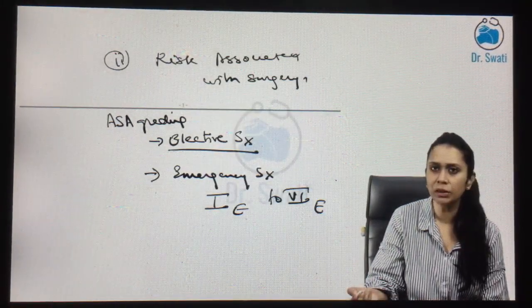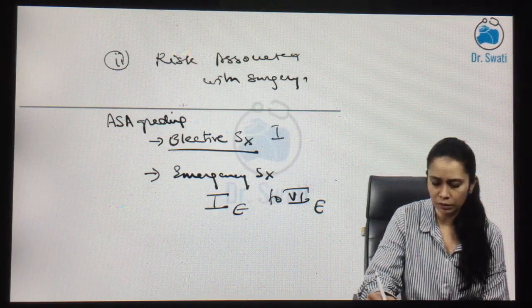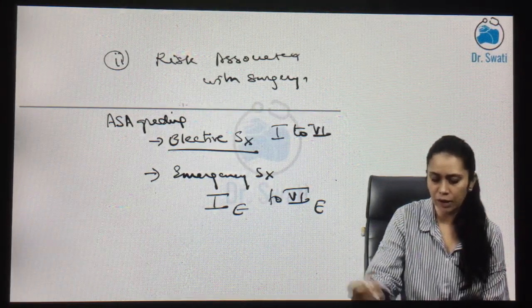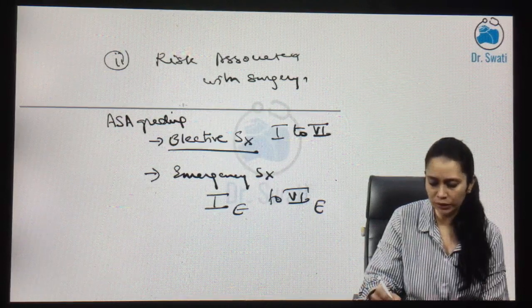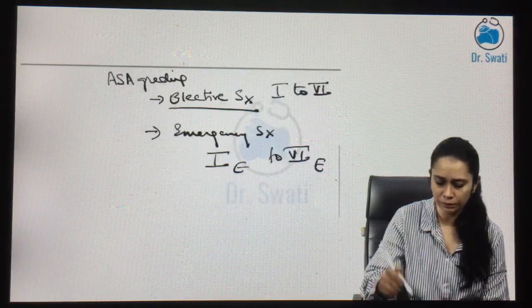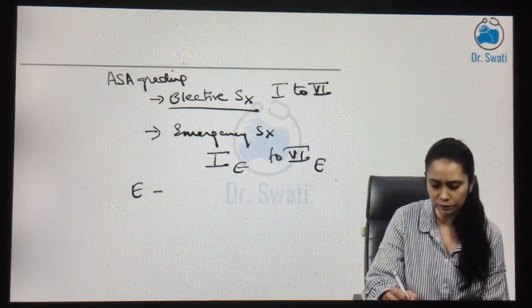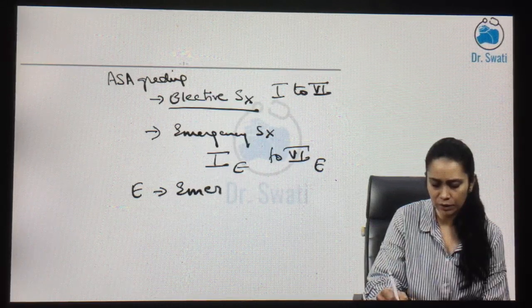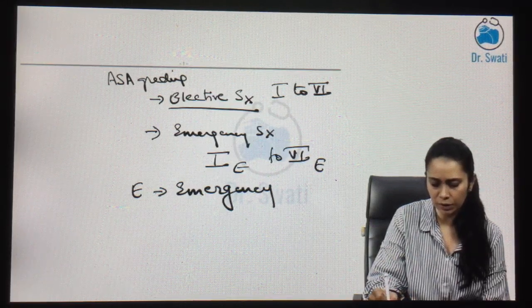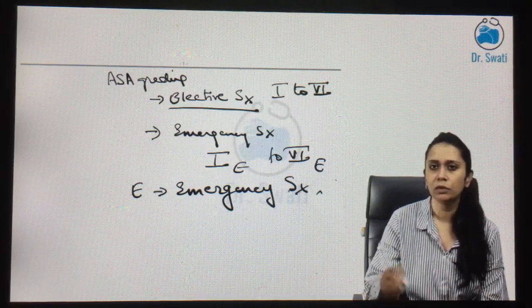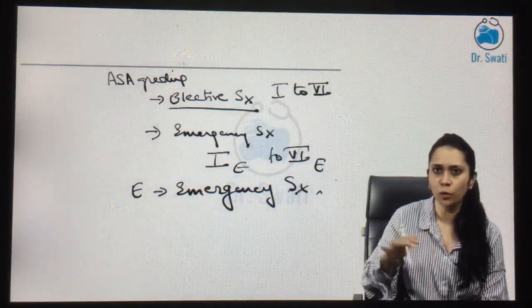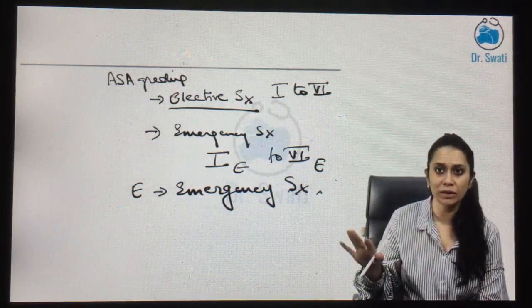For elective surgery, the grading is 1 to 6, and for emergency surgery, the grading is 1E to 6E. E stands for emergency. Got it? So 1 to 6 is elective grading, 1E to 6E is emergency grading.